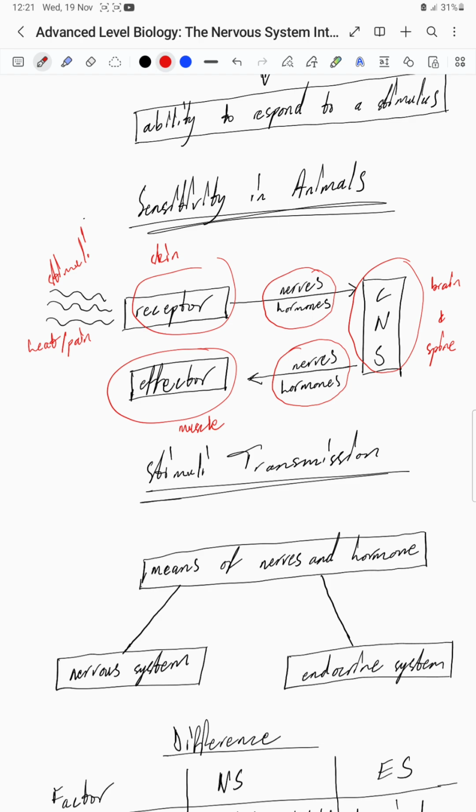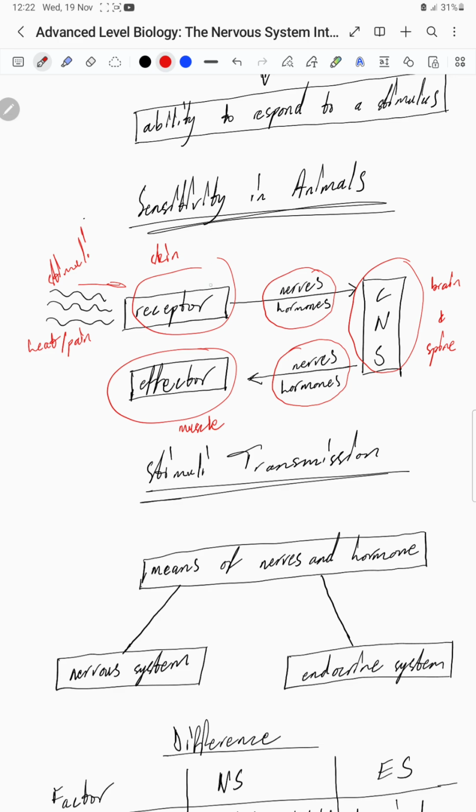An example of this sensitivity is when you touch the sharp end of a pin. The moment you press your hand on the pin, you start to feel pain. That means the stimulus is pain, which has been sent to the receptor, which is the skin.